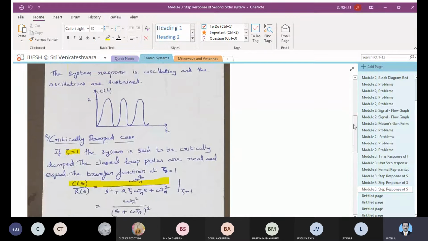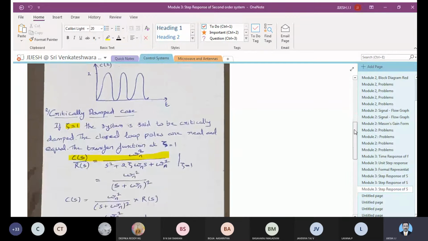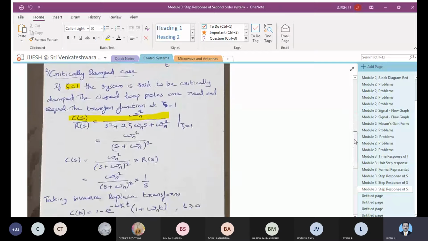Now we have to understand the critically damped case, where the equation is C of s by R of s equal to omega n square by the denominator, and zeta is equal to 1.